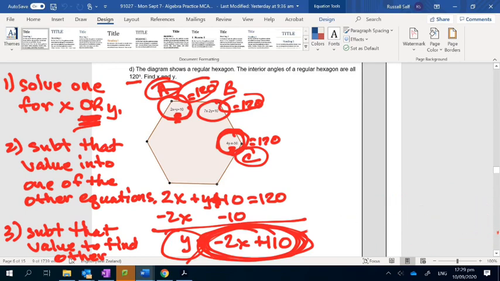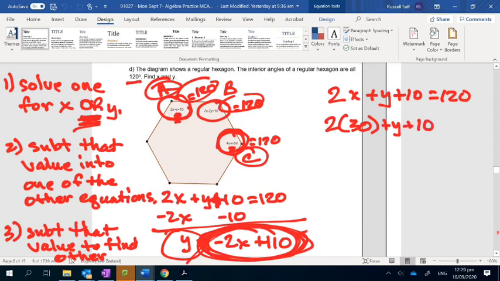So simultaneous equations are not difficult. So you want to use a, right? So 2x plus y plus 10 equals 120. In place of x, I'm going to put 30. Use your brackets. 2 times 30 is? Plus y plus 10 equals 120.